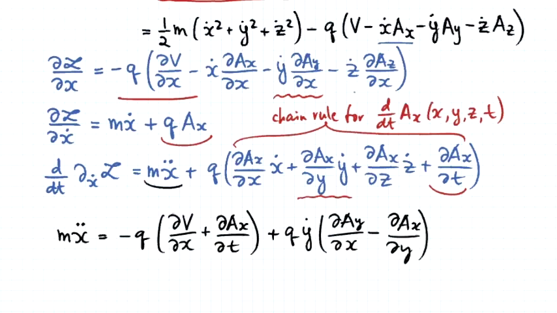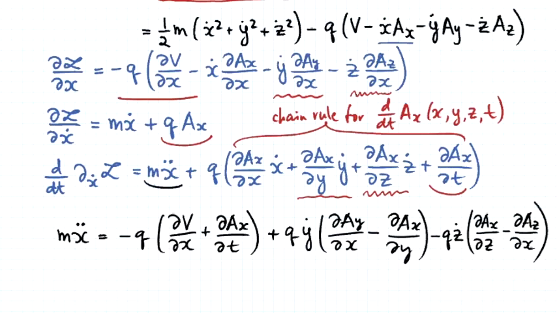And now we include this term as well as this term. And we get minus q z dot, and then inside parentheses we get partial derivative of A sub x with respect to z minus partial derivative of A sub z with respect to x.